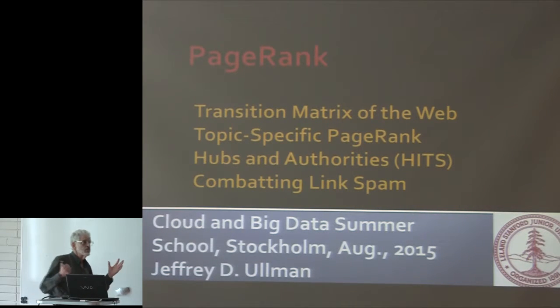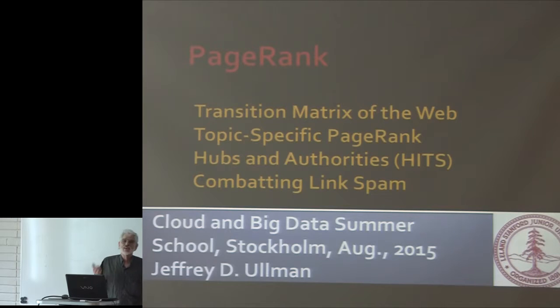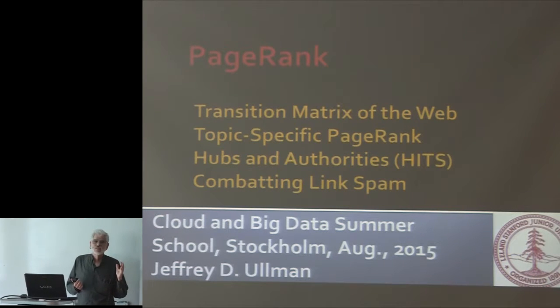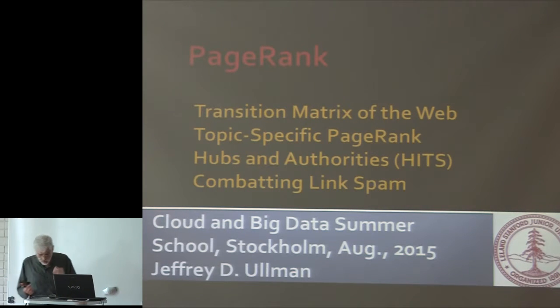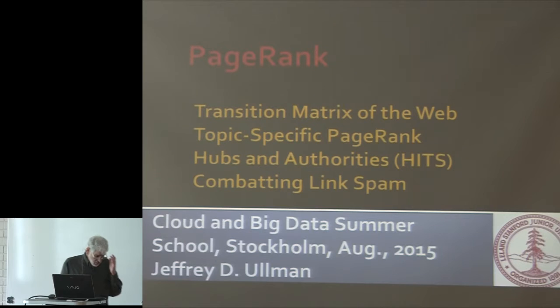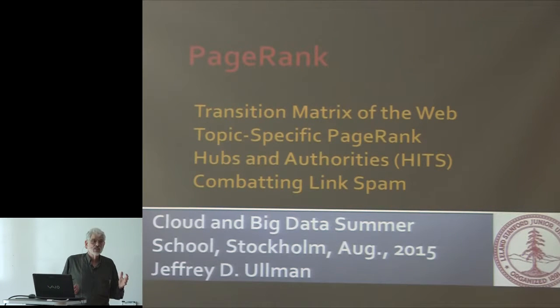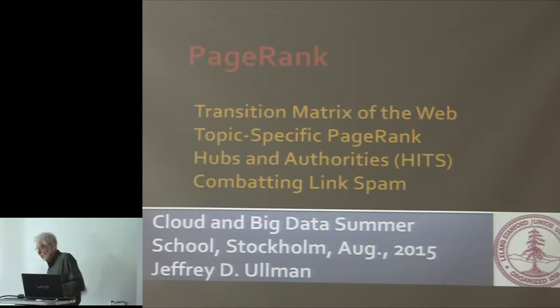Does anybody know what PageRank actually did for us? That is, why was Google a successful search engine? Look, before Google came along, I remember we discovered Alta Vista. Alta Vista was one of the early search engines. And for a while, we were actually able to find stuff on the web using Alta Vista.